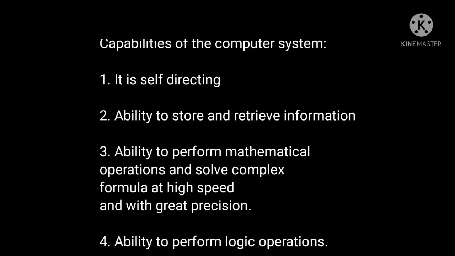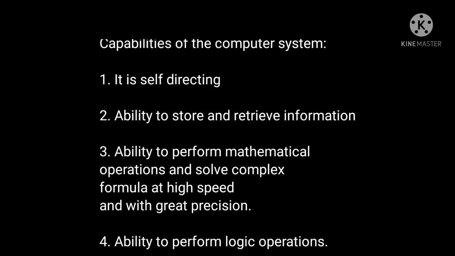There are 4 categories. First, it is self-directing, meaning the user merely feeds all the instructions to the computer at the start and it later proceeds without any need for human intervention. The second one is the ability to store and retrieve information, meaning the computer has the ability to remember or recall data when it finds the need for them.